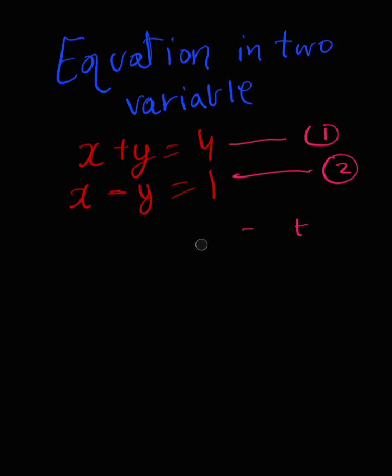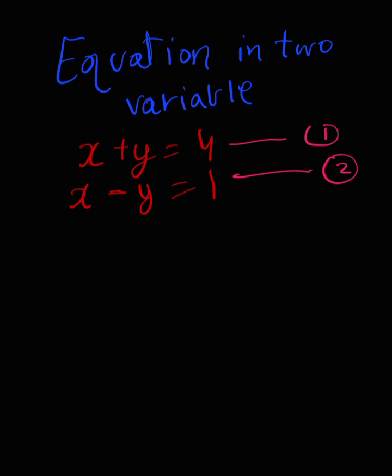In this case I would suggest we add. Why? Because if I add, the variable y will get eliminated. Why will it get eliminated? Because when y is added, this y and this y will get cancelled out, and we will be remaining with only x.